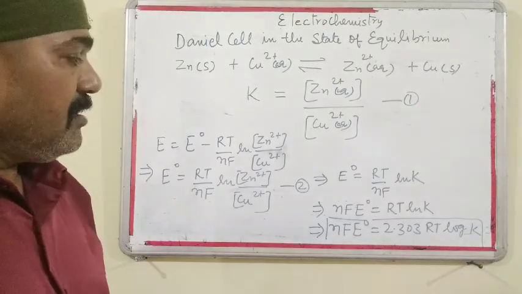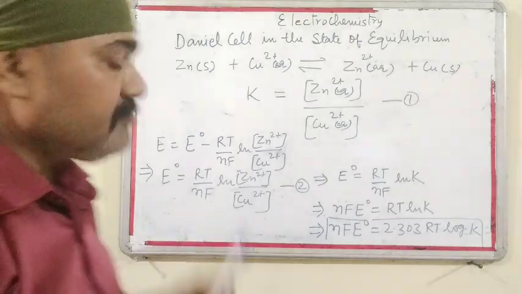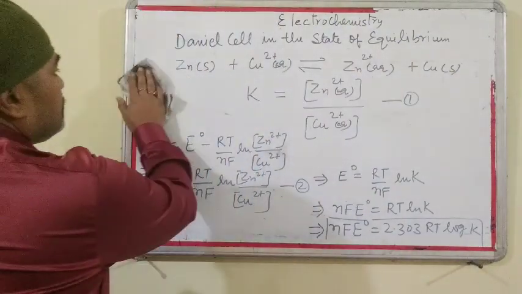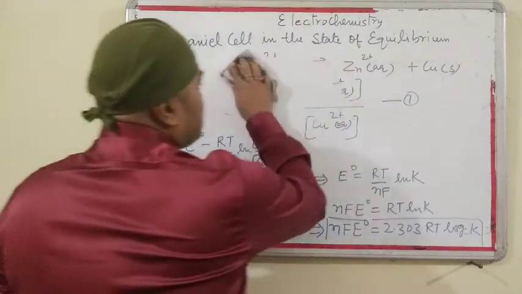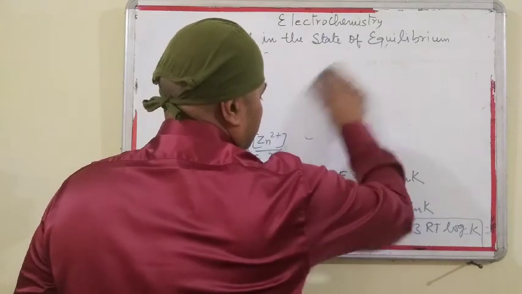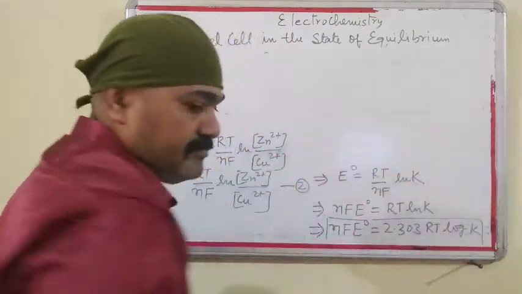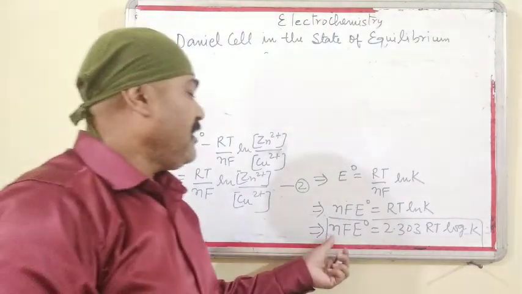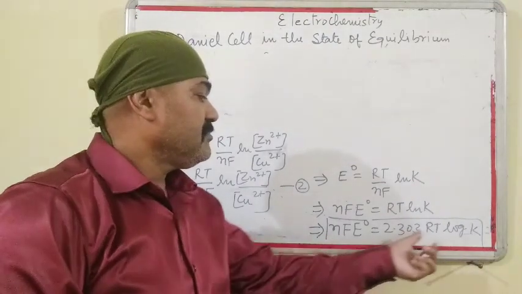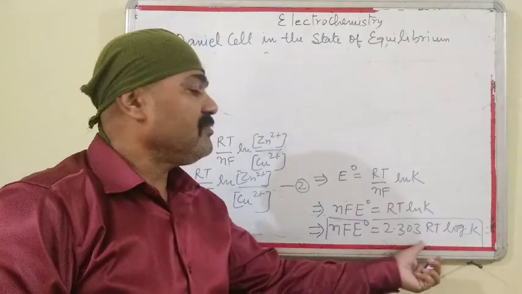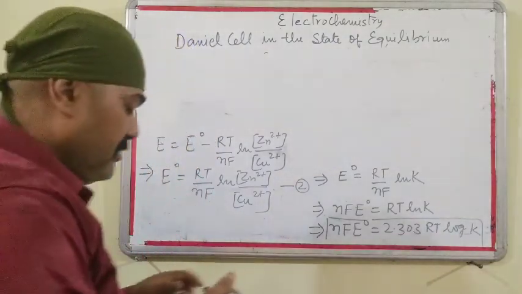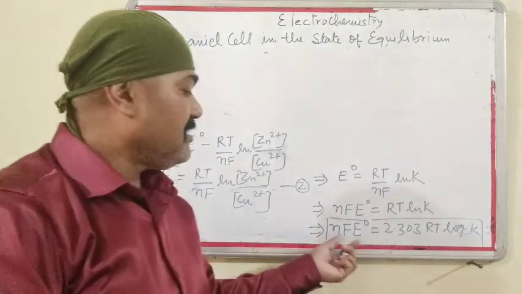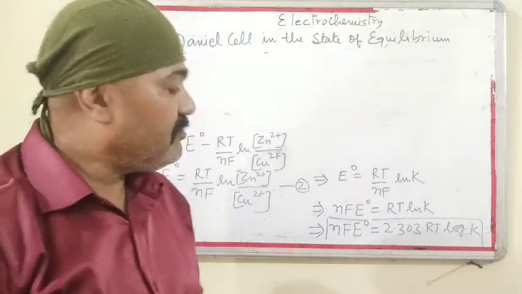Okay, now we can do some more changes in this equation. On putting the values of F, R, T and 2.303, we very well know that this can be put as equal to 0.059.